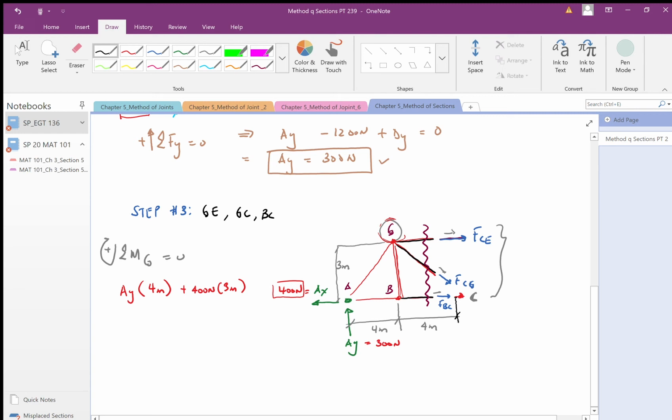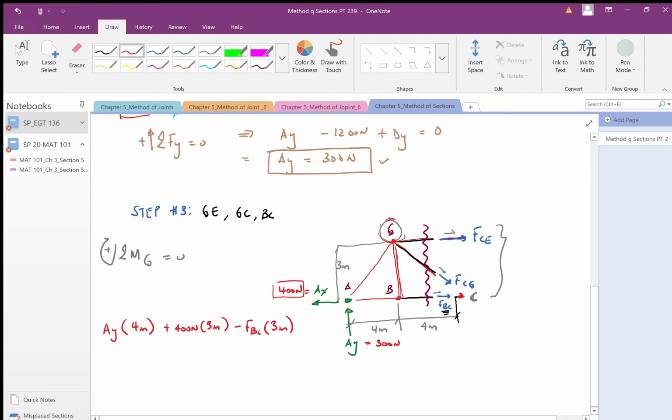So we're looking at all the forces here. Now let's look at BC. BC is a force, and that is 3 meters away, and it's going to give us negative FBC times 3 meters.